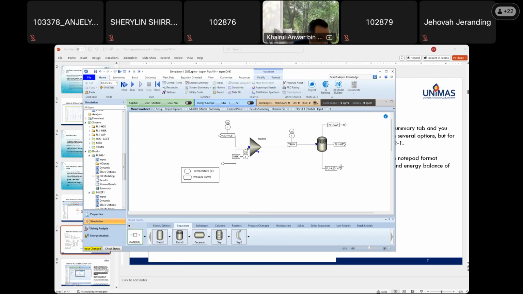We have a decanter, liquid decanter. Flash 3 is for the stream splitter. SEP is a multi-outlet component separator. It separates the inlet stream component into any number of outlet streams. So if you have 1, 2, 3, or more than that, you can use SEP.